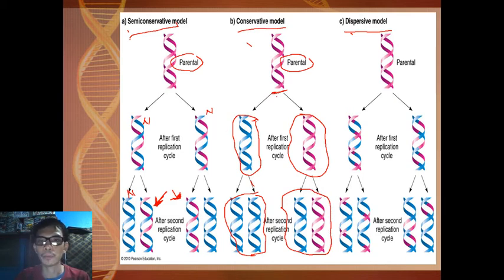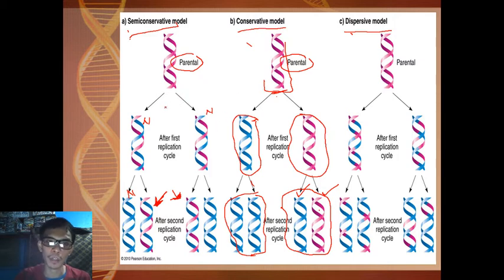Whatever characteristics this parent DNA has, it is maintained until the second replication cycle. As you can see, the way the second replication looks is the same as its parent DNA.